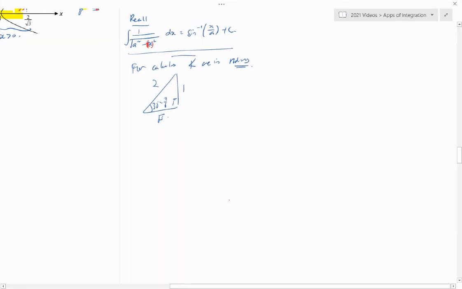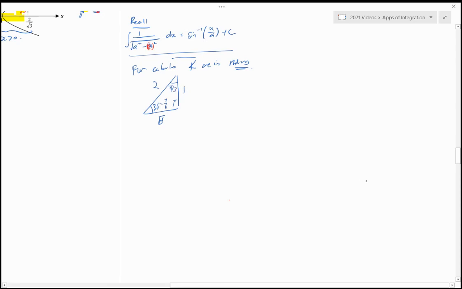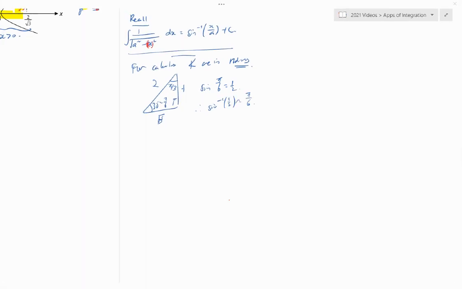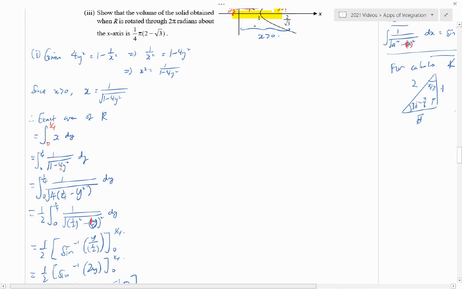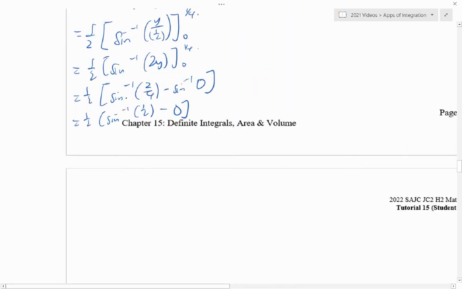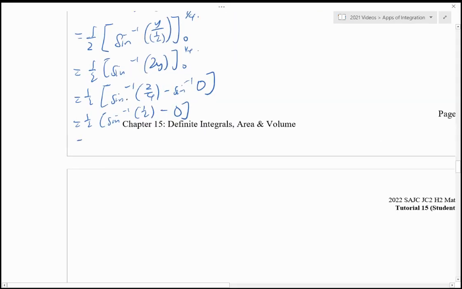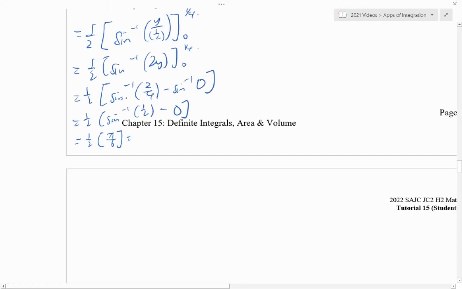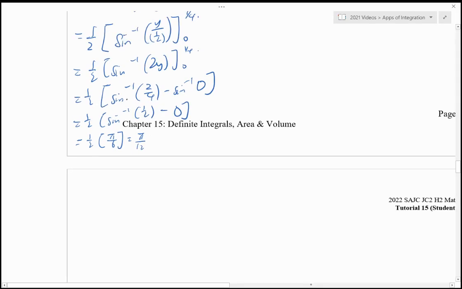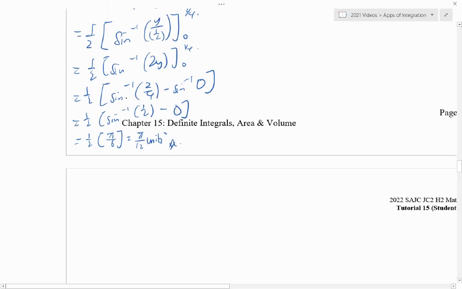So sine pi by 6 is half, therefore sine inverse half is equal to pi by 6. Given that you are using the sine inverse function, you need to work within the principal values. So this actually equals half of pi over 6, which is pi over 12 square units. All right, that is the area that we are looking at.